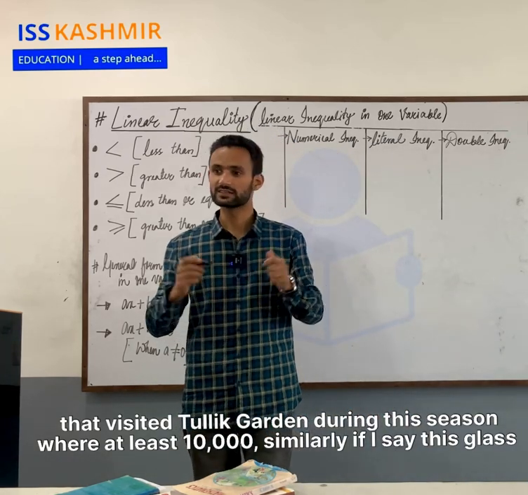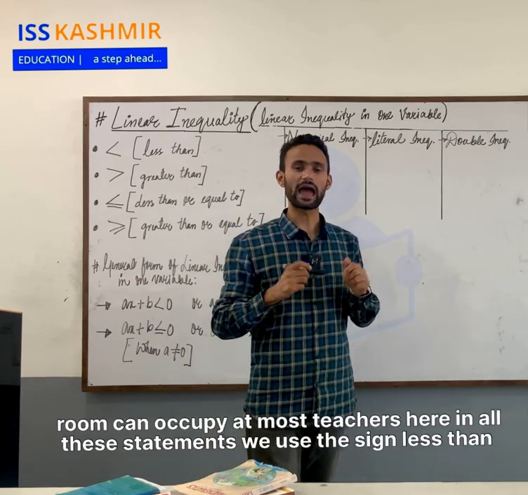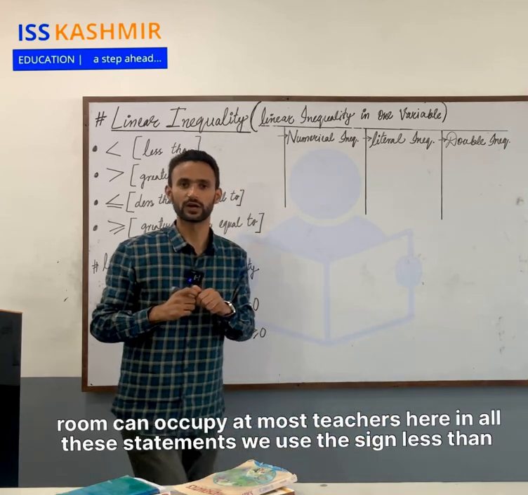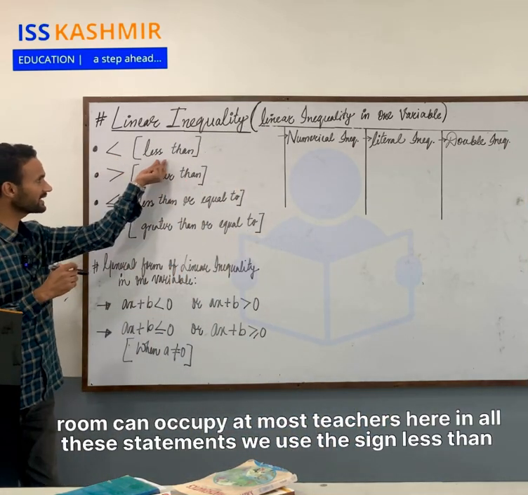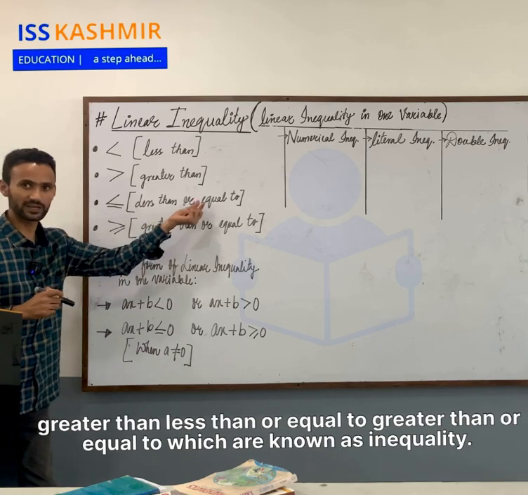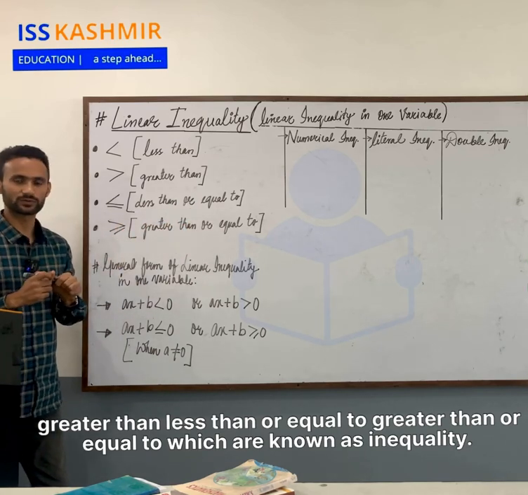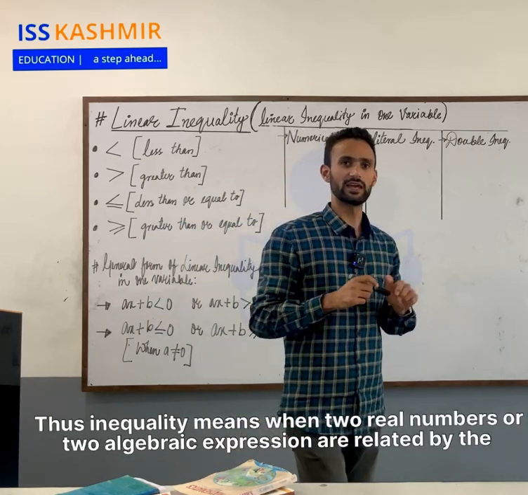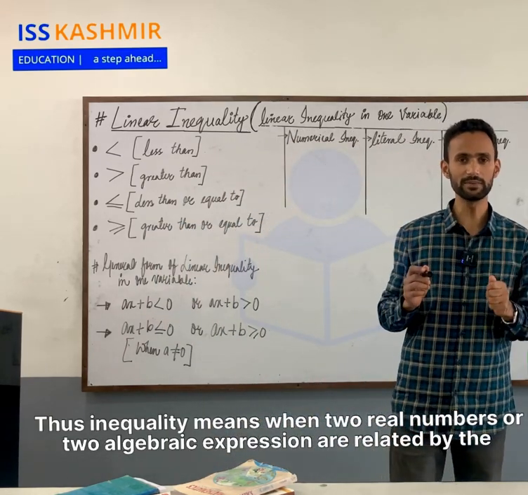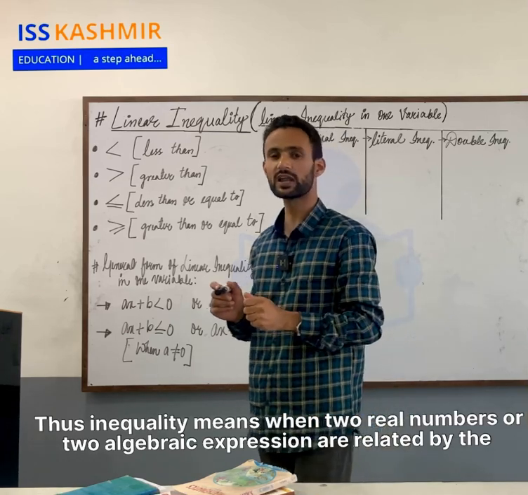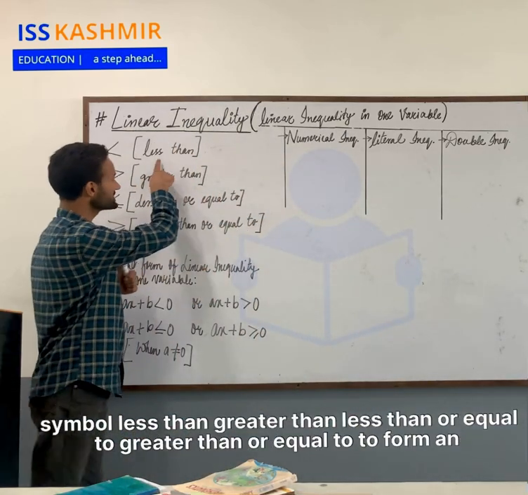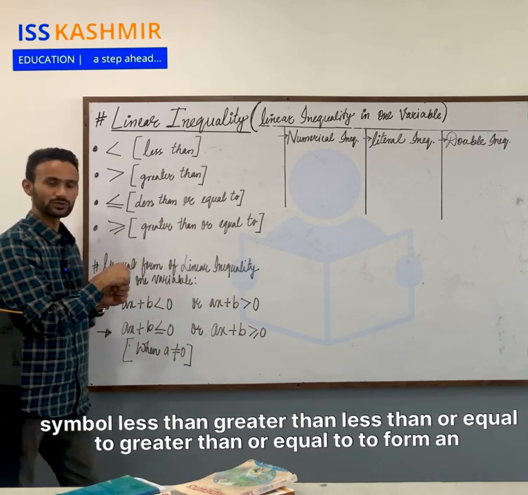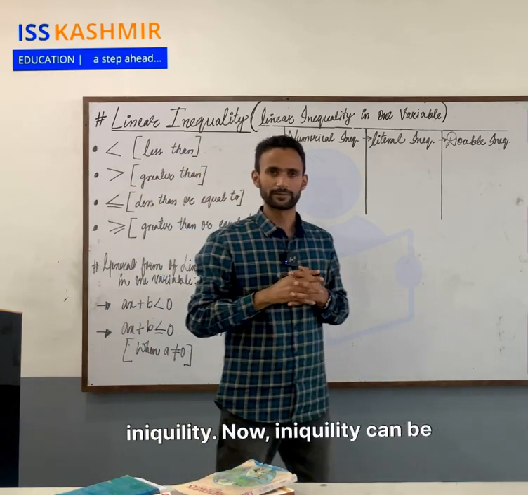Similarly, if I say this classroom can occupy at most 80 chairs, in all these statements we use the signs less than, greater than, less than or equal to, greater than or equal to, which are known as inequality. Thus, inequality means when two real numbers or two algebraic expressions are related by the symbols less than, greater than, less than or equal to, greater than or equal to, they form an inequality.